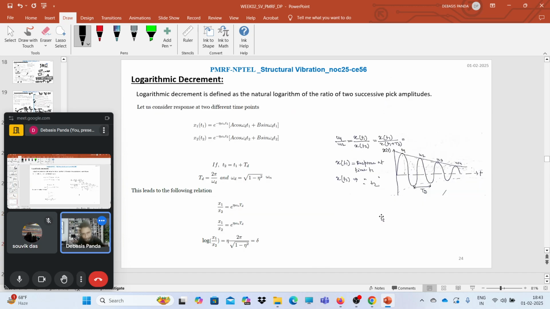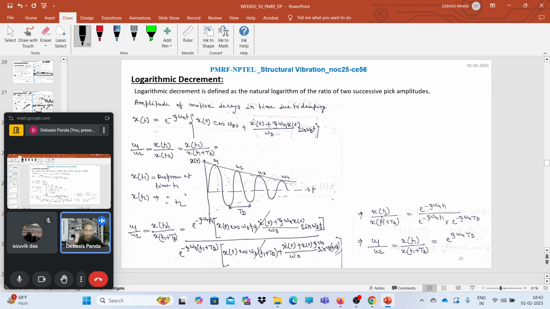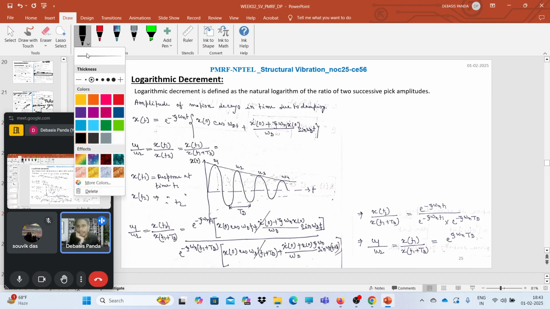Great. Now we have the concept of logarithmic decrement. For the damped free vibration case, we have seen that the amplitude of the motion diminishes over a period of time because damping is present.